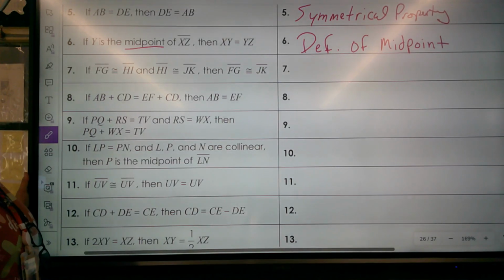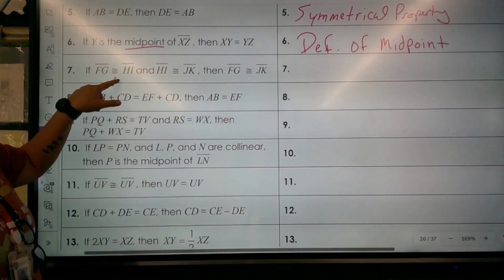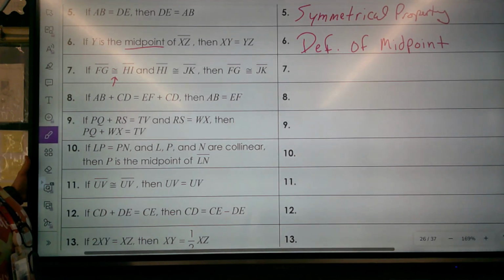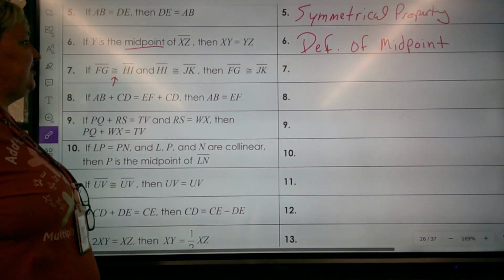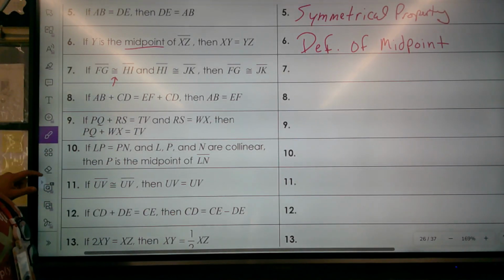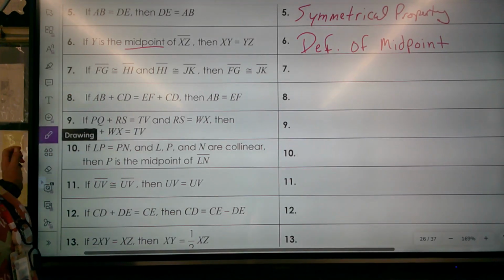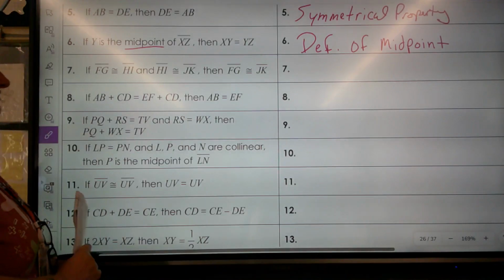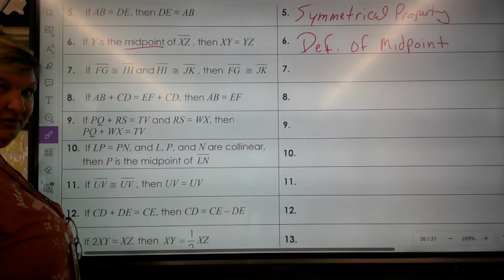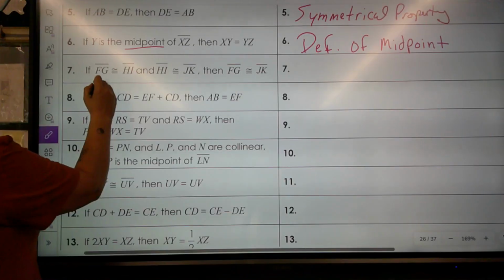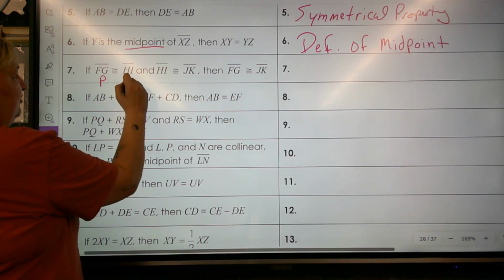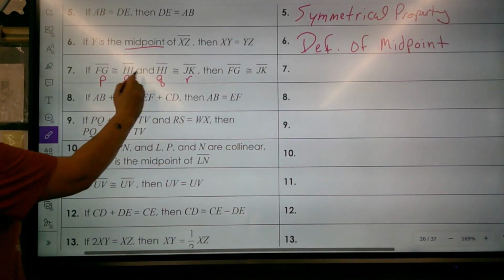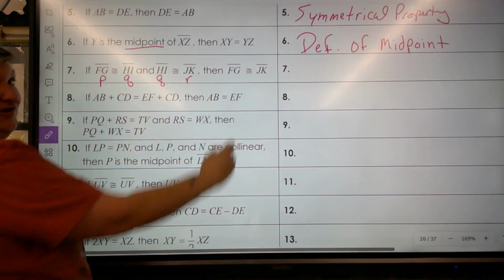If segment FG is congruent, we're using congruent, so we have to use properties of congruence. If segment FG is congruent to segment HI, and HI is congruent to JK, then FG is congruent to JK. That's a lot of information, but I want you to remember PQQR. If P, Q, Q, R, the center is the same, so they cancel each other out and you create a new statement.